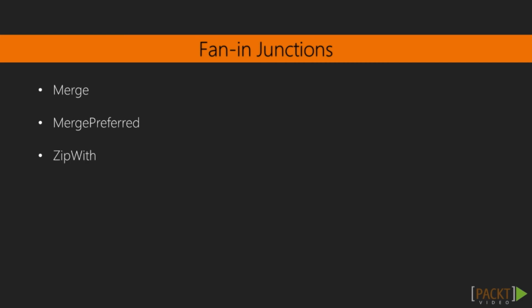ZipWith takes a function of n inputs that, given a value for each input, emits one output element. Zip is a special case of ZipWith, which takes two input streams and zips them into a tuple of the stream. Concat concatenates two streams, first consume one, then the second one. FlexiMerge enables writing custom fan-in elements using a simple DSL.